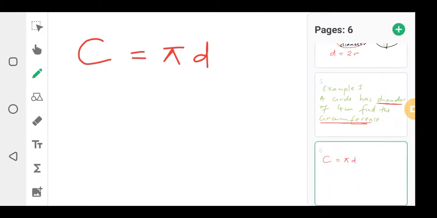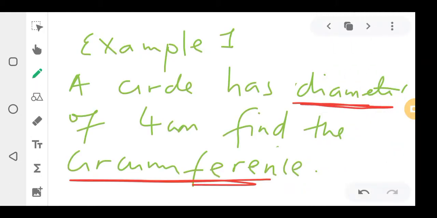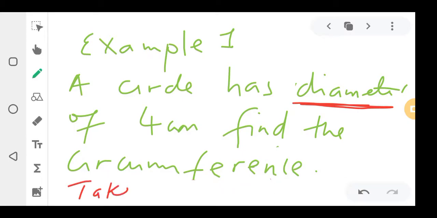Sometimes in the question they may say take pi to be 22/7.